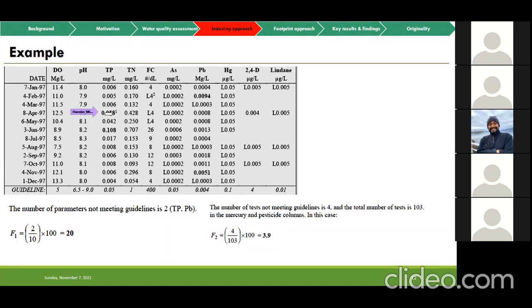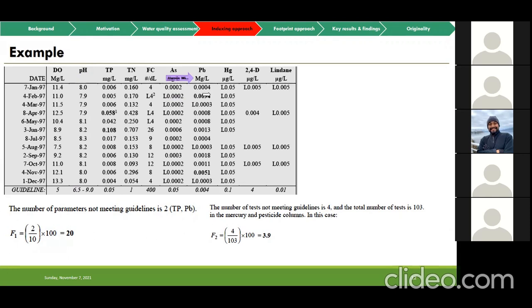You can see it's higher than the guideline, 0.05. So that's 1, meaning total phosphorus has an exceedance from the guideline. Similarly, this value was higher, and there are other values as well. Basically, out of 10 parameters, 2 failed the test, including total phosphorus. So F1 will be 20.